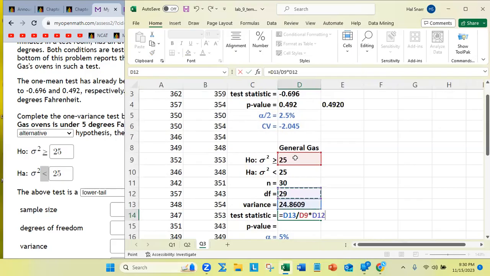Now, because sample variance rounds to 25 with 0 decimal places, the test statistic is going to be really, really close to the degrees of freedom of 29.